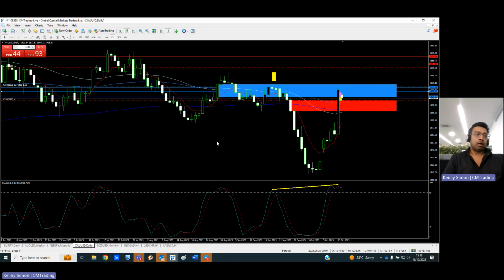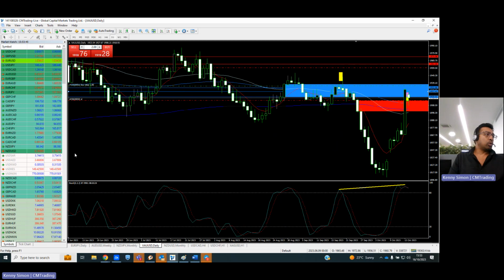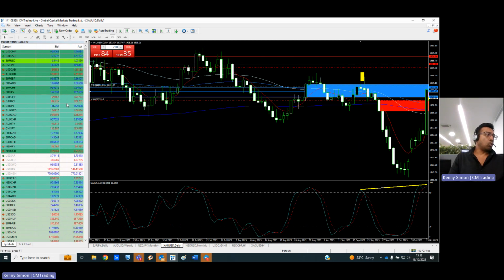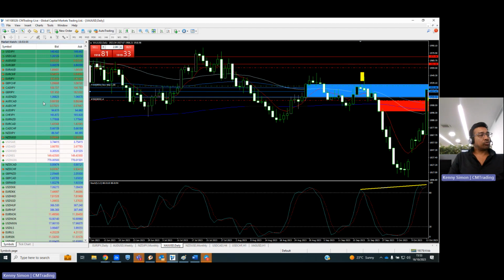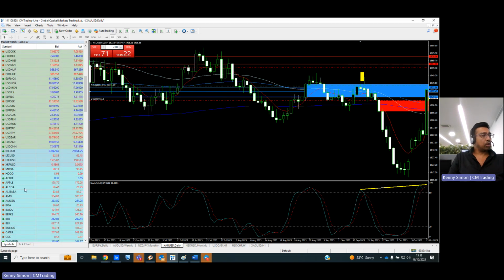You are given the opportunity to also trade cryptocurrencies, stocks, top 100 stocks, as you can see on CM Trading's platform. If we move on to the market watch area right here on the screen, you can see that we've got a very wide range of currencies, and then some cryptocurrencies right here as well.